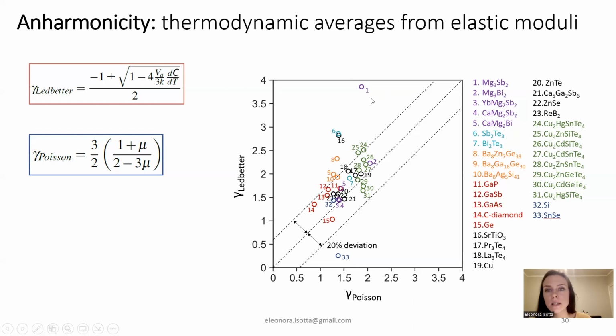On the other hand, materials like magnesium antimonide here are predicted by both methods as being highly anharmonic, so very high Grüneisen parameter. But you can see that the two methods deviate quite significantly. And in particular, we can notice that the Leadbetter method will end up with a larger spread in values.